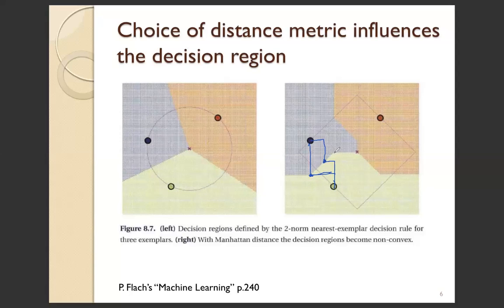For this one sitting in the middle, it will go like this, like this, and like this, and these three lengths are the same. If you keep on plotting a lot of these, you can infer that the decision boundaries will geometrically look like this. So your decision boundary is affected by the choice of your distance function.